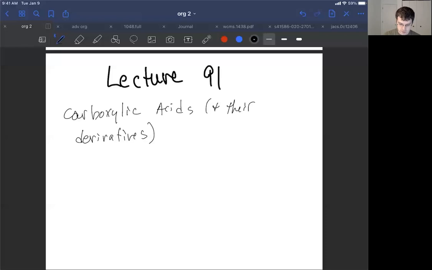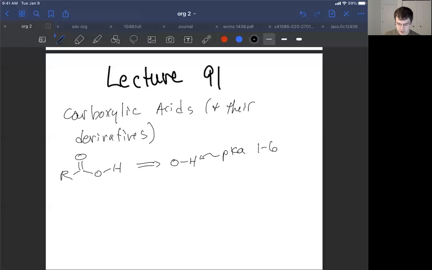Okay, so if we look at the carboxylic acid, we have this framework where we have some R group attached to a carbonyl with an OH attached to it. Now this is called a carboxylic acid because the OH has a pKa on the order of 1 to 6, and we can get outside of that range if we really need to with a number of tricks.